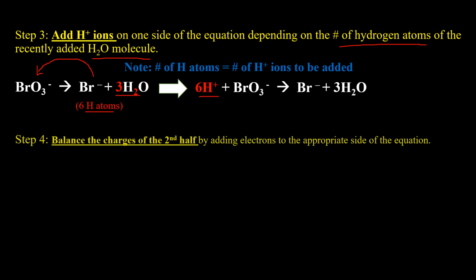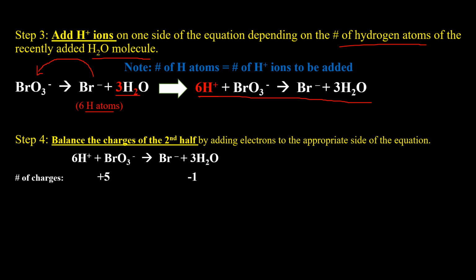The next step is to balance the charges of the second half by adding electrons to the appropriate side of the equation. So this is now our working equation. So we have 6H positive plus BrO3 negative yields Br negative plus 3H2O. So the number of charges on the reactant side is positive 5.